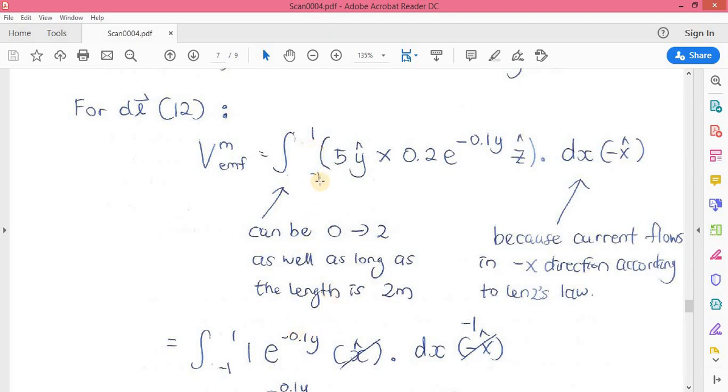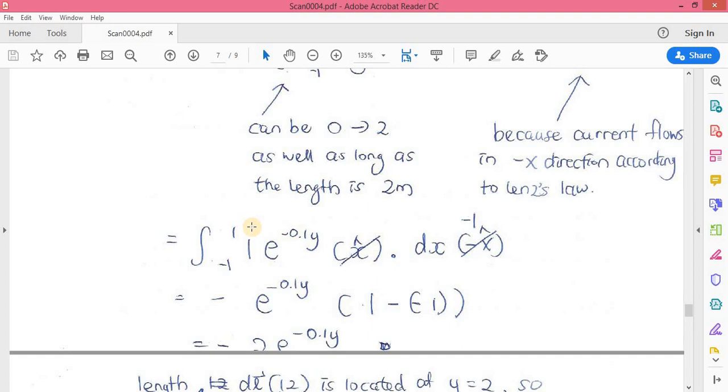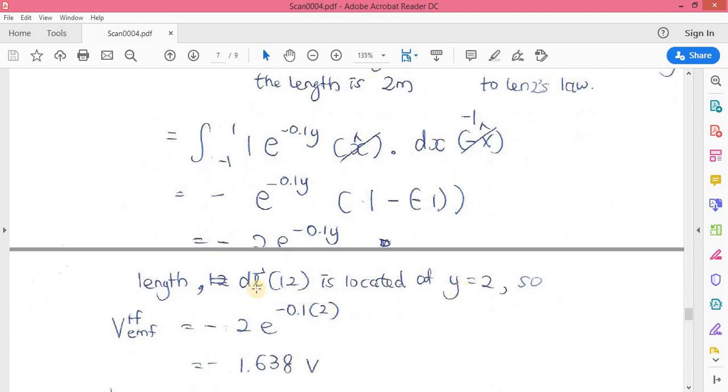So I integrate from negative 1 to 1, just to make sure that it is 2, and I perform the integration. I will find that this should be negative 2 times exponential negative 0.1y. This y depends on the location of the sliding bar. Since this is located at position 2, I replace the y with 2 here, and I will get this one.